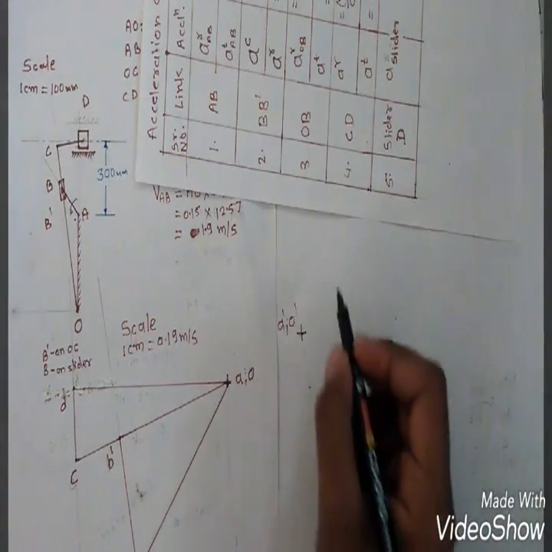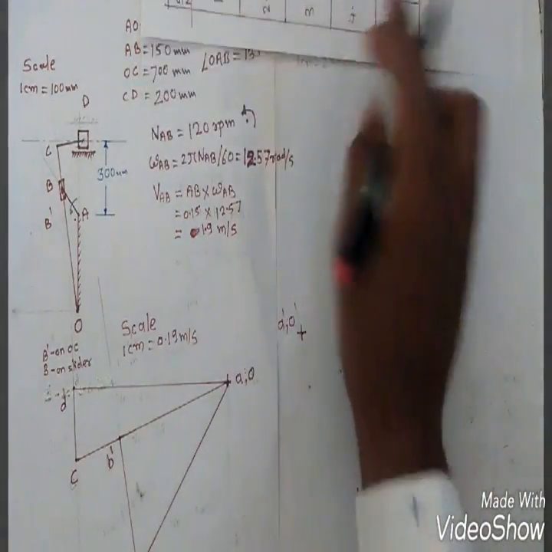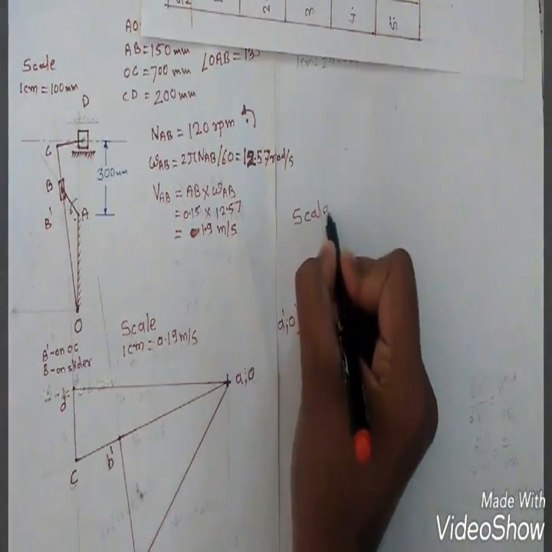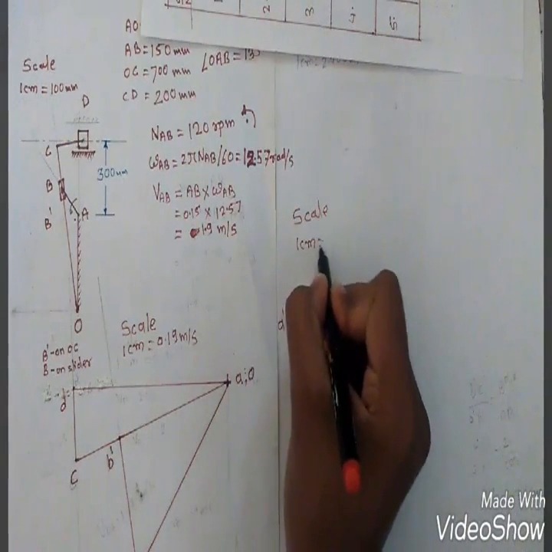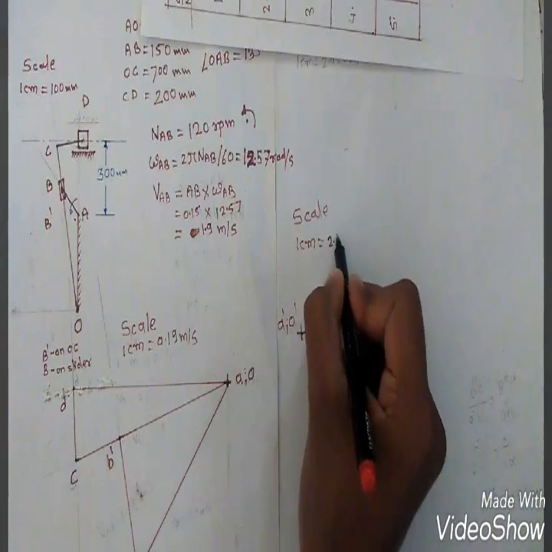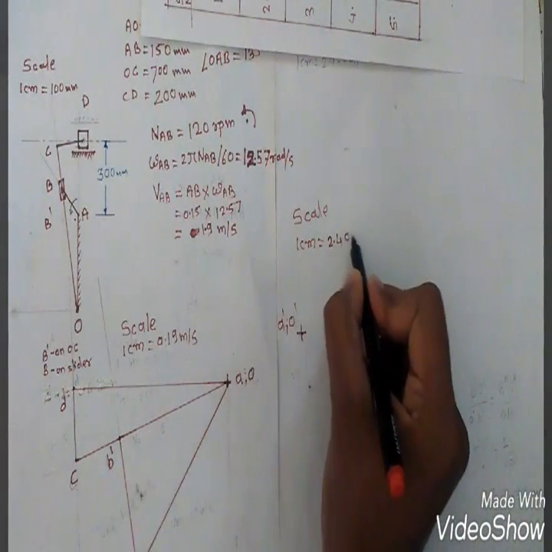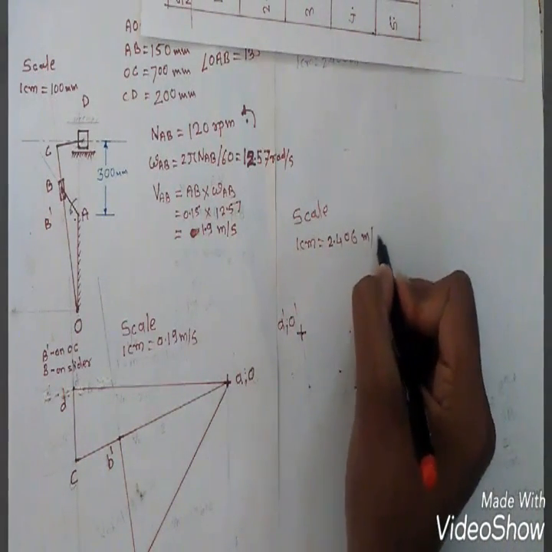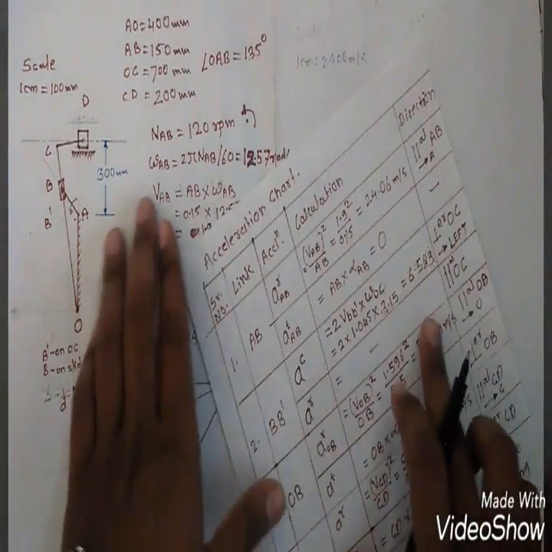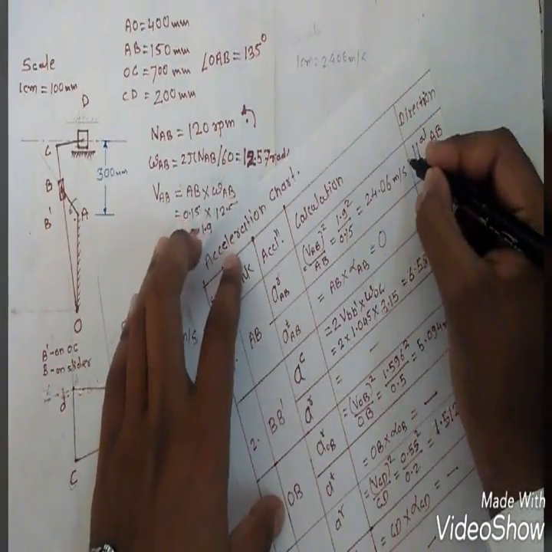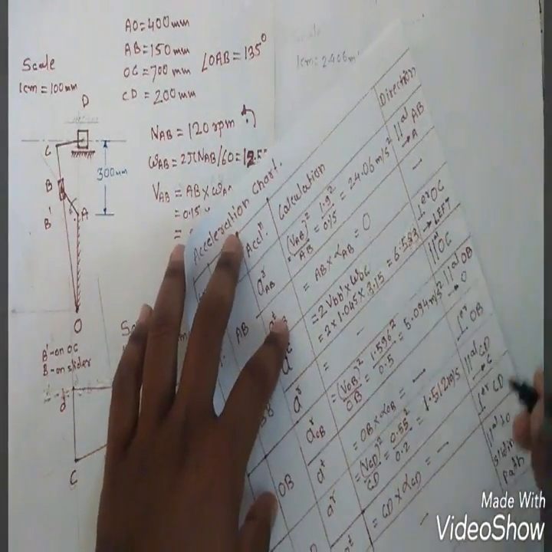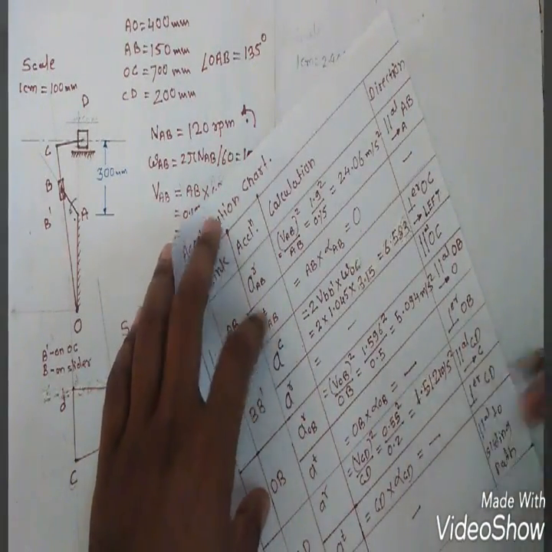Before drawing this vector, we must know the scale for this. We'll take scale for acceleration diagram, scale 1 centimeter equal to 2.406 meter per second square. Okay, in this acceleration chart, unit is meter per second square. You can correct this one.